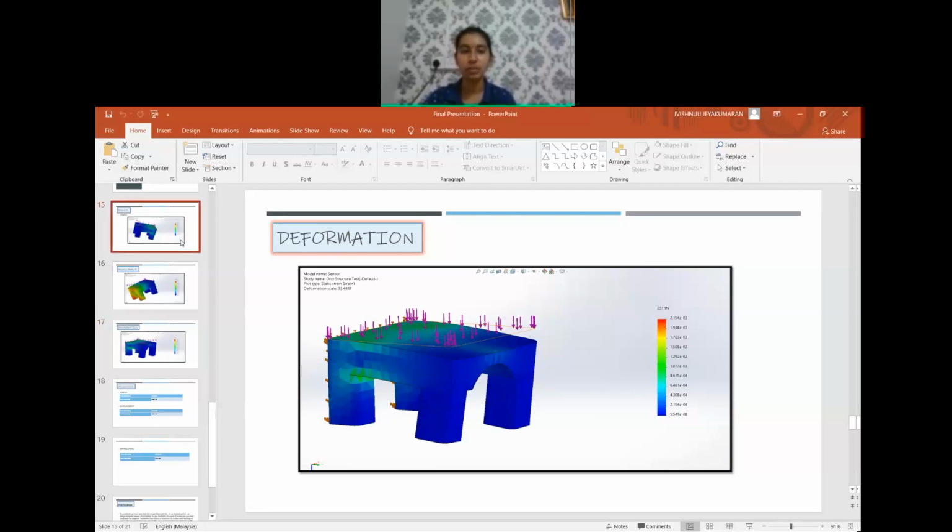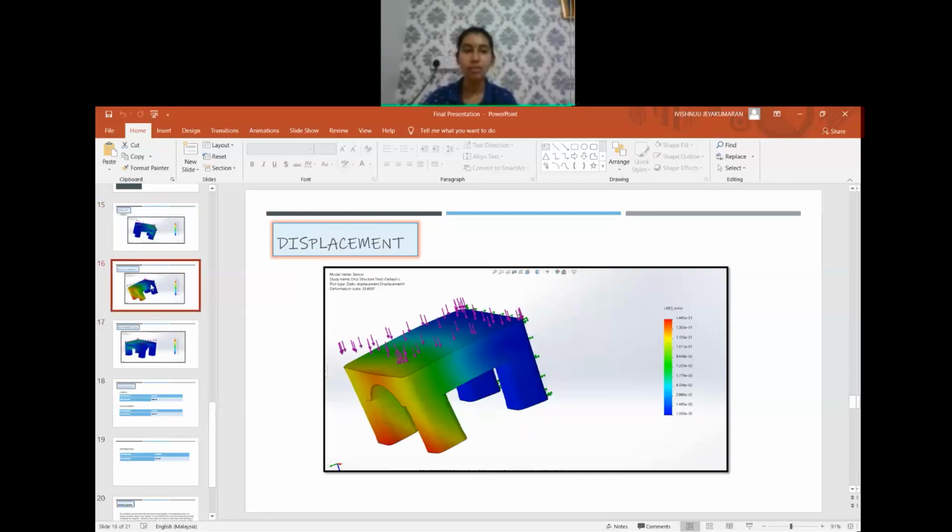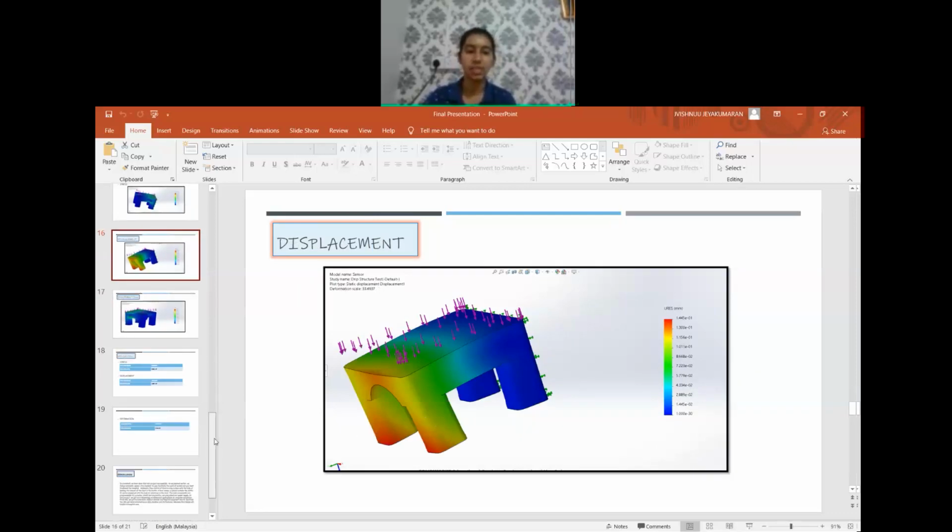For deformation and stress, with the high load exerted, there is a possibility to crack and break down the inside of the edges, and for displacement, at the outside of the edges. That's the results part.